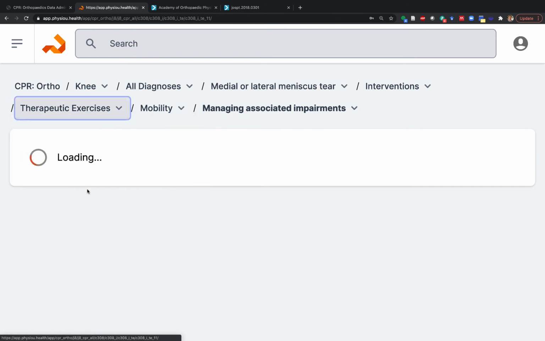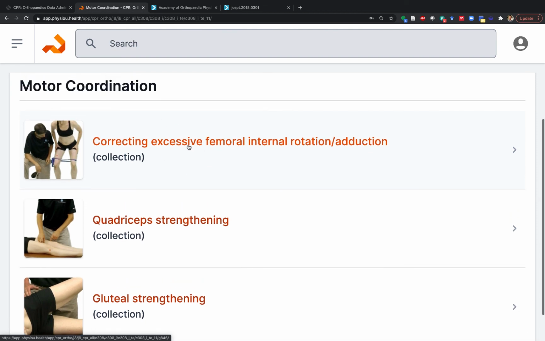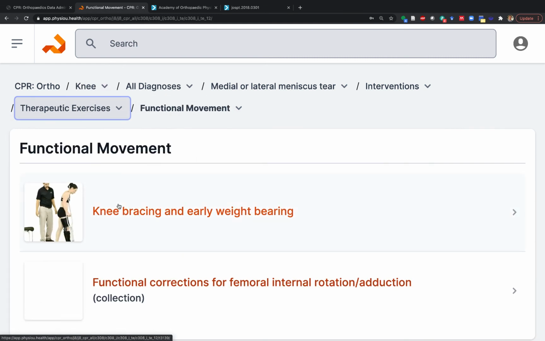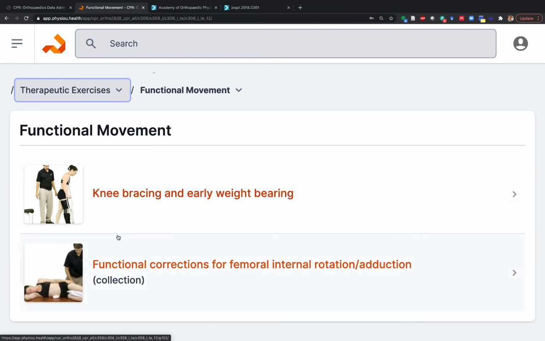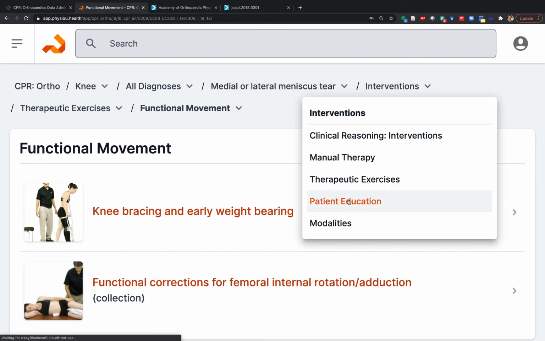When you move into motor coordination, here is gluteal strengthening, quad strengthening, correcting the movement fault. Okay. And if we look at functional movements, again, we can give them things that will help protect their knee in the beginning or different activities that will help prevent their movement fault of femoral internal rotation adduction. Last couple of things I want to show you here is patient education.